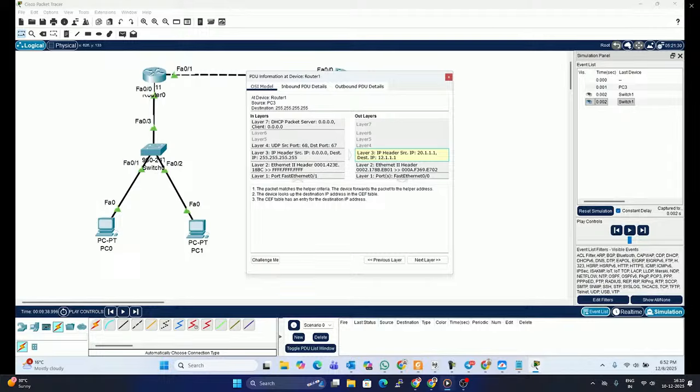20.1.1.1 is the source IP and the destination IP is 12.1.1.1.